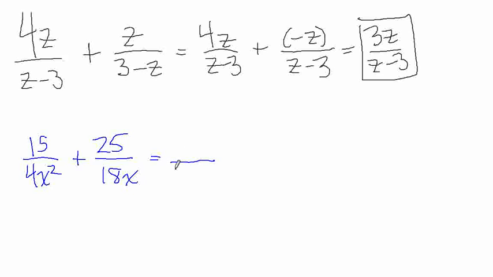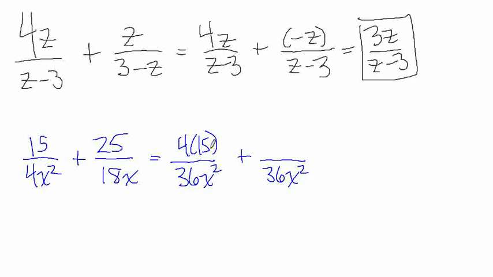The least common denominator of 4 and 18 is 36. The least common denominator of x squared and x is x squared. So I want to convert both fractions to an equivalent version that has a denominator of 36x squared. What do I have to do to the first denominator to turn it into that? I have to multiply it by 4, so I have to multiply the numerator by 4. What about the second fraction?